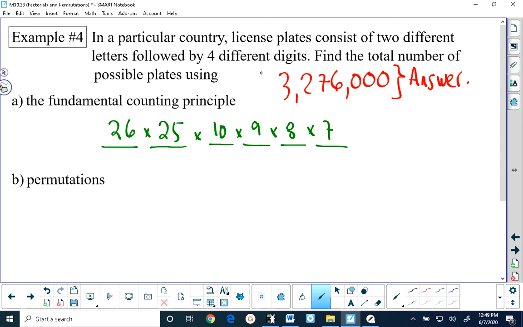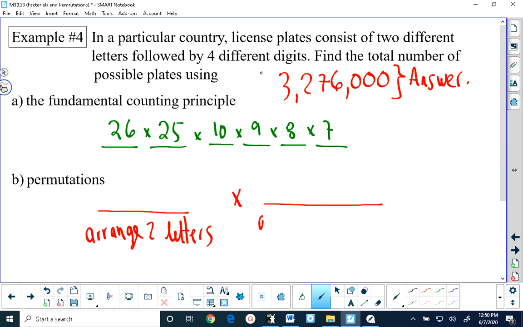What does it mean when it says use permutations? Well, we're still going to use the fundamental counting principle, but in a very broad sense. We're going to say there are two things you need to do. You need to arrange two letters, and you need to arrange 4 digits.